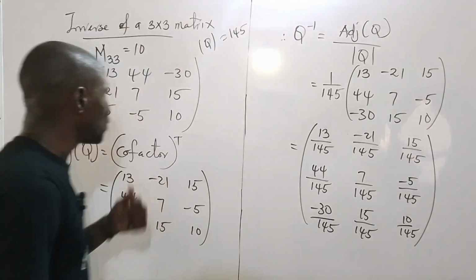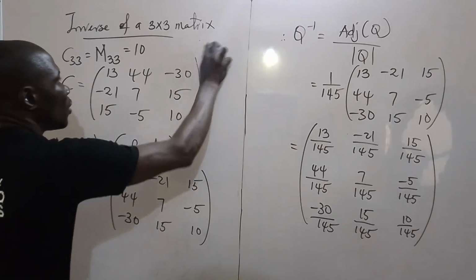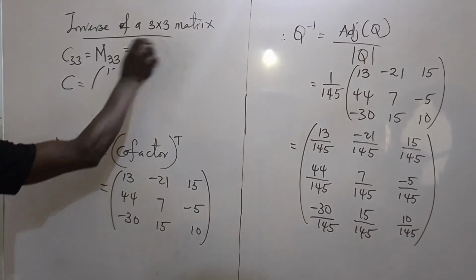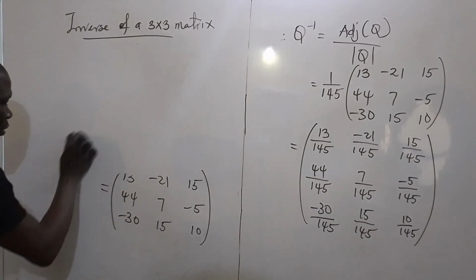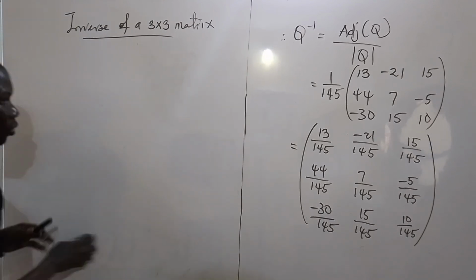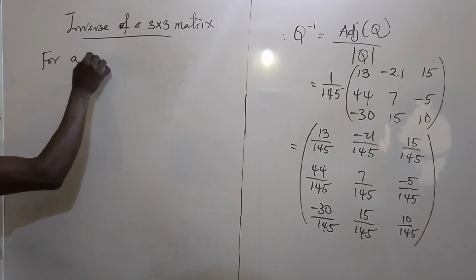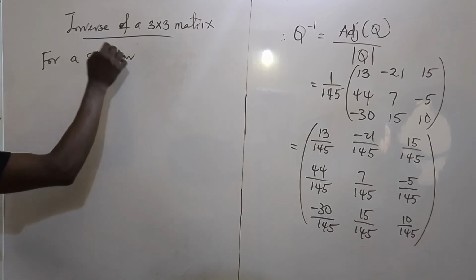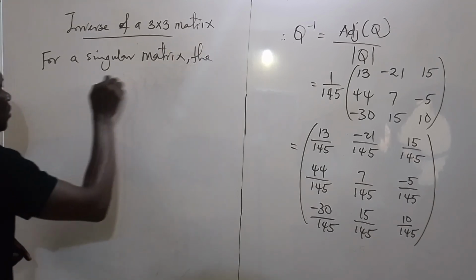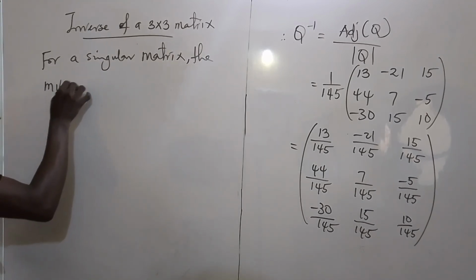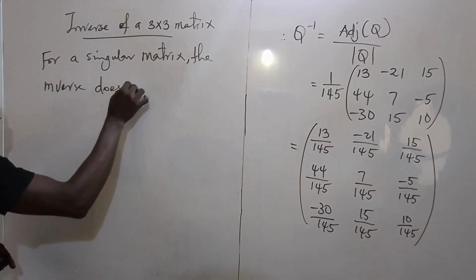Now, it's important to note this. When a matrix is singular, the inverse does not exist. For a singular matrix, the inverse does not exist.